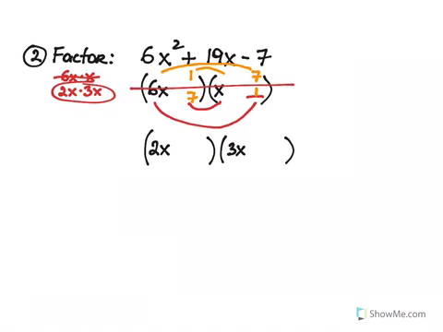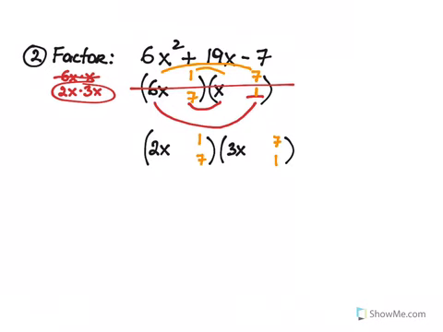I write again two pairs of parentheses and place 2x and 3x in the first positions. Now we're back to the constant of -7. There are two ways to write factors of 7 in the second positions of the parentheses, 1 and 7 or 7 and 1.